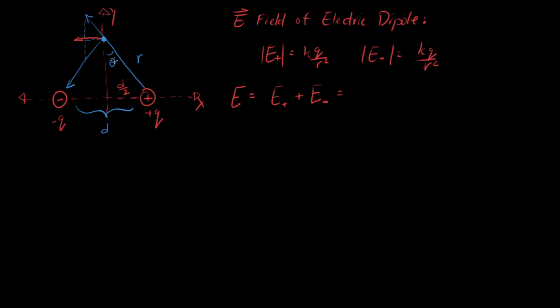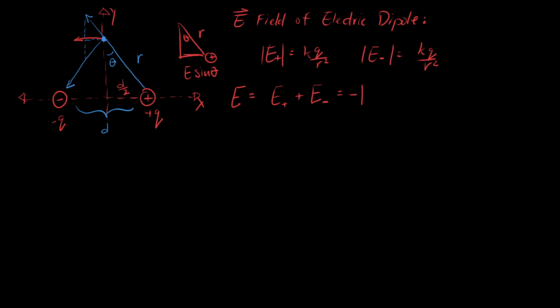So we're going to define angle theta here, and that means that if we draw this triangle separately here, with the positive charge here, and r distance away and theta here, that means that this negative x component would be the electric field due from r distance away times sine theta. So that would be the negative x component. So E due to the positive charge will be a negative sign because it's in the negative direction.